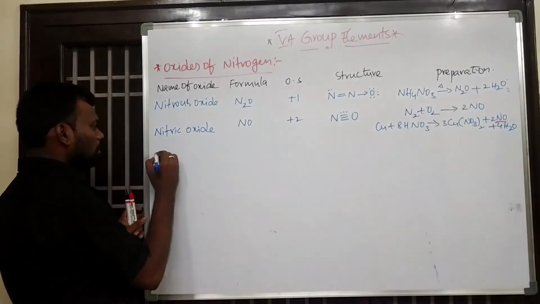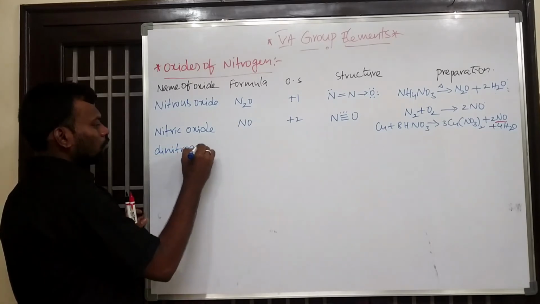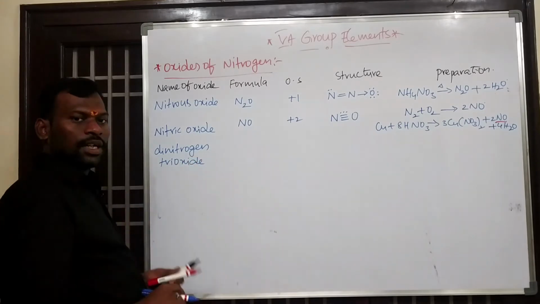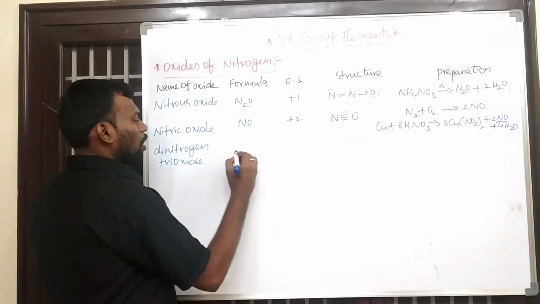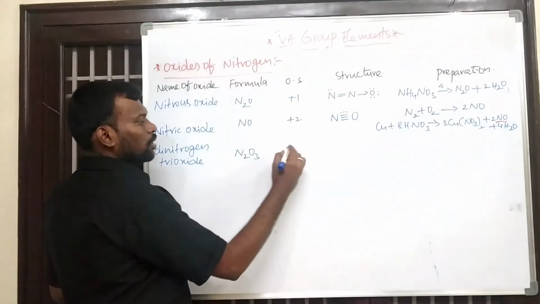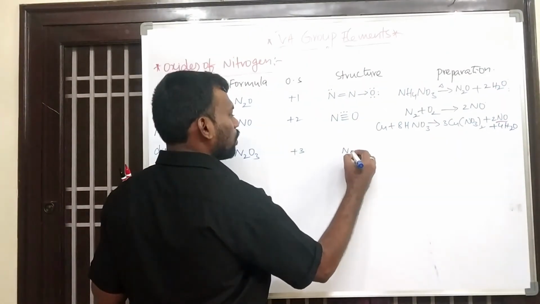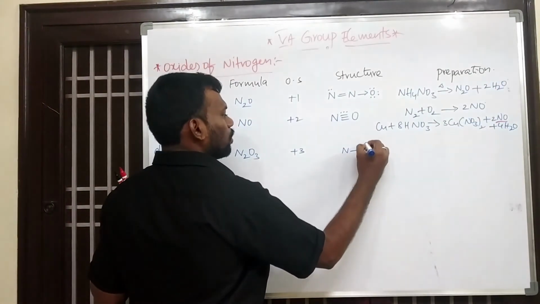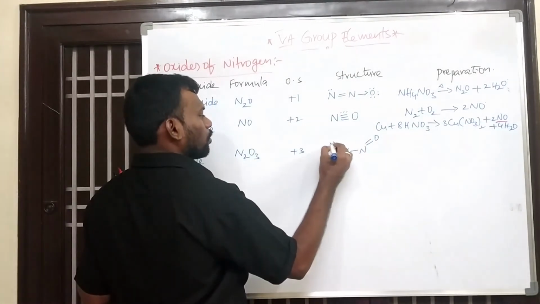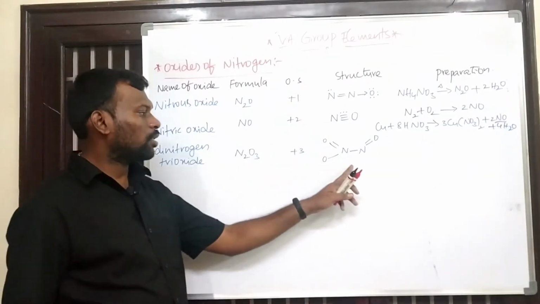And the third one is dinitrogen trioxide. What is dinitrogen trioxide? The formula of dinitrogen trioxide is N2O3. In N2O3, the oxidation state of nitrogen is +3, and when you see the structure of N2O3, the 2 nitrogen atoms are connected by a single bond, and the entire structure of N2O3 looks like this.